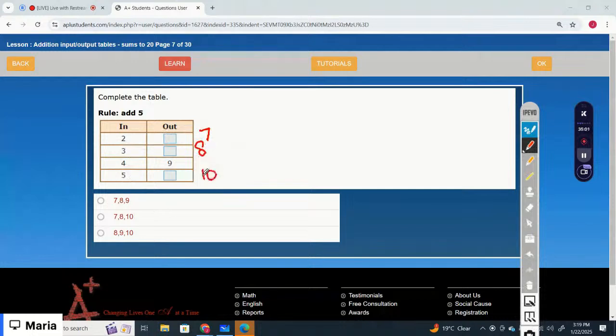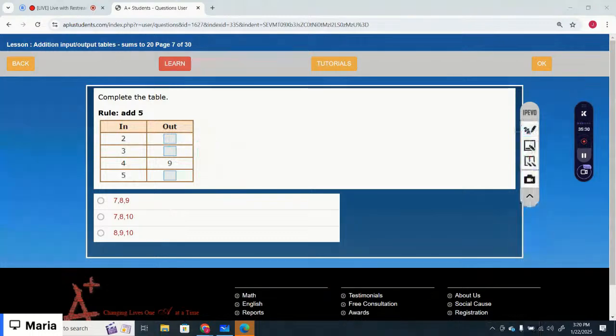And 5 plus 5 makes 10. The correct option is 7, 8, and 10. Option number 2 is the correct option.